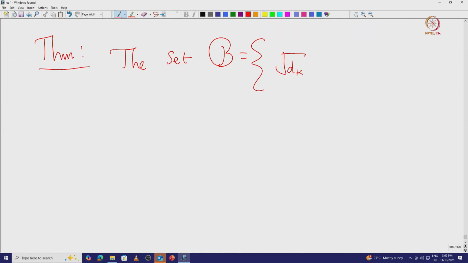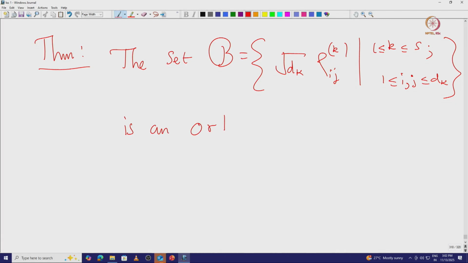square root d_k rho_ij^k, where k runs over 1 to s, and then given k, i and j run from 1 to d_k. So, there are d_1 square plus etcetera d_s square elements in this basis B. So, this is an orthonormal basis of this CG.